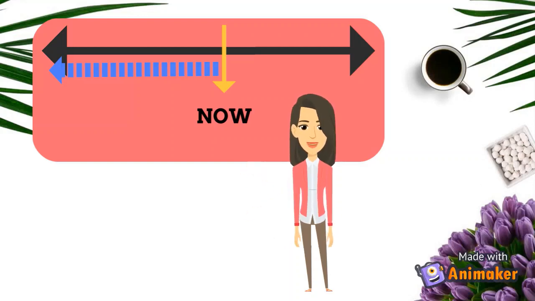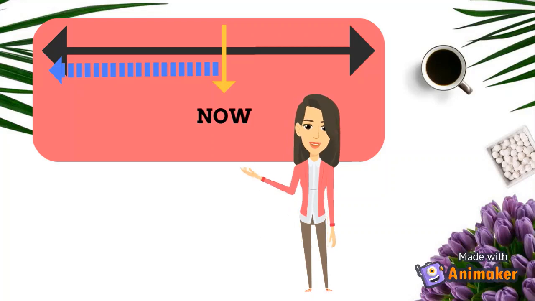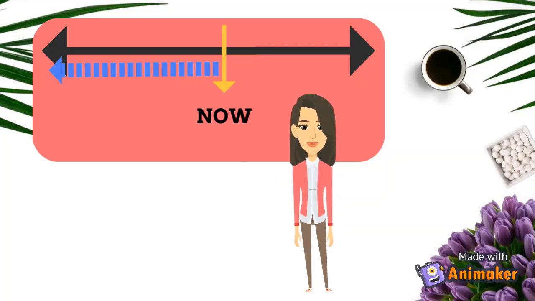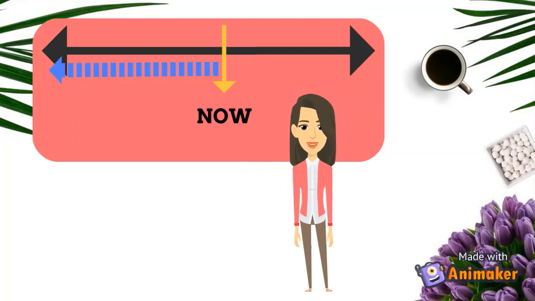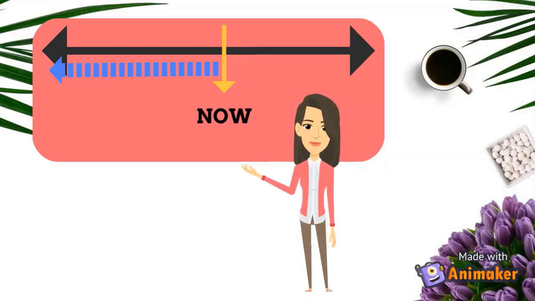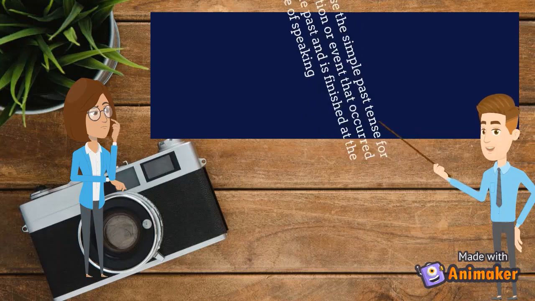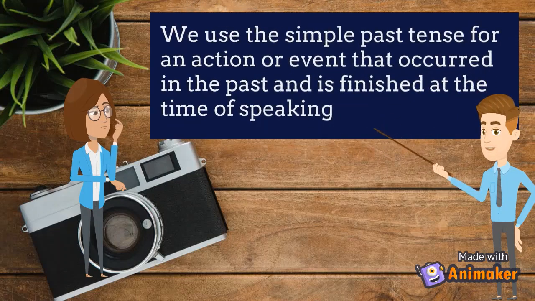Simple past tense specifically talks about things that happened before now or in the past, which means it is finished and it's over. We use the simple past tense for an action or event that occurred in the past and is finished at the time of speaking. Simple past tense is used for an action, a situation, or an event that happened and ended in the past.